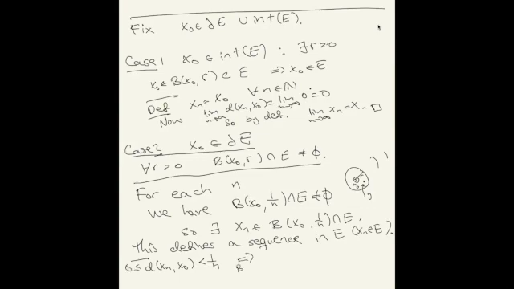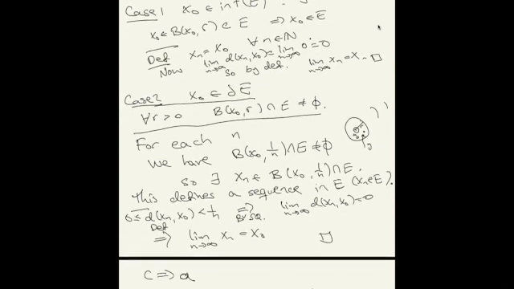So by the squeeze theorem, the limit as n goes to infinity of the distance from xn to x0 is equal to 0. So by definition of convergence, the limit of xn is equal to x0. So this constructed a sequence that converges to the point.